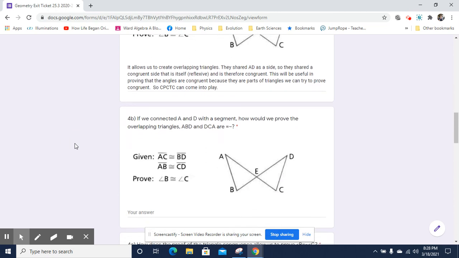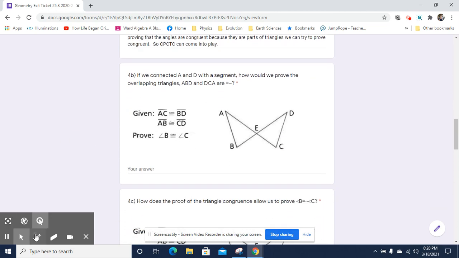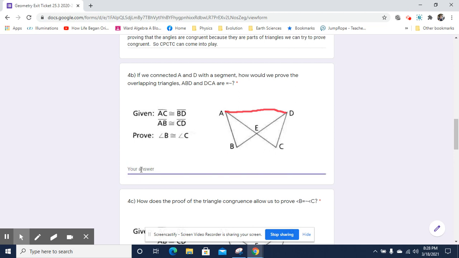So if we interconnected them, so here I'm going to go ahead and draw that line again. See if I can do a better job this time. Ooh, that's a little better. It's still lousy. At any rate, so how can we prove those triangles are congruent? Okay, so what we can do is we can say, okay, AC is congruent to BD. Okay, that's given.